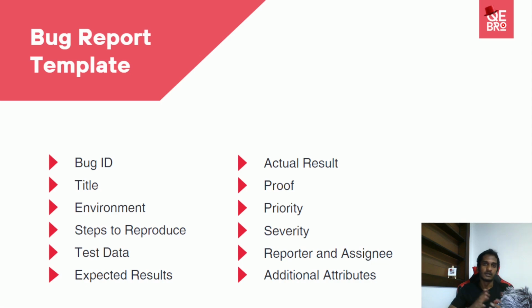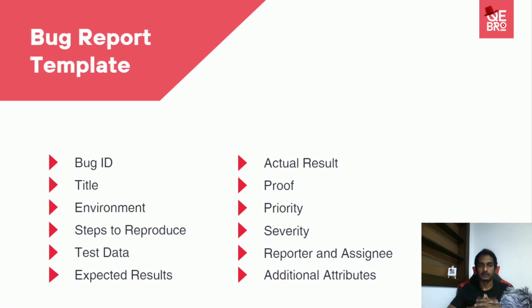If you have an SRS document or a user story, link it here, so it will be easy for the developer to get additional information related to the feature from there as well. In the actual result, as I mentioned, for proof you can put some screenshots, and also the logs.